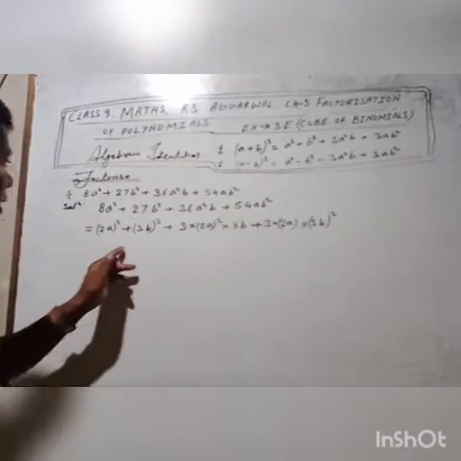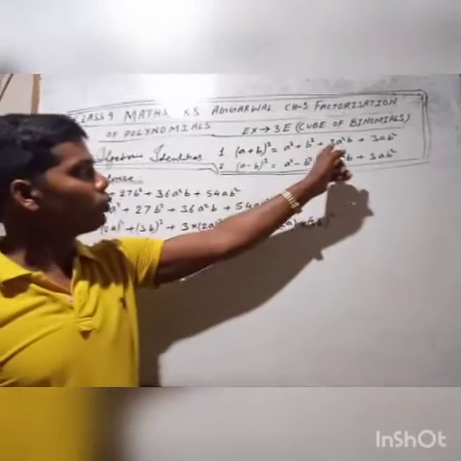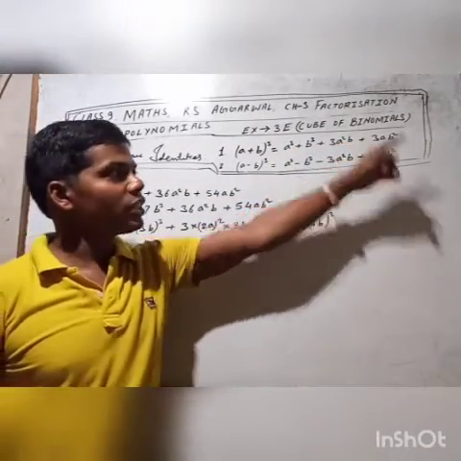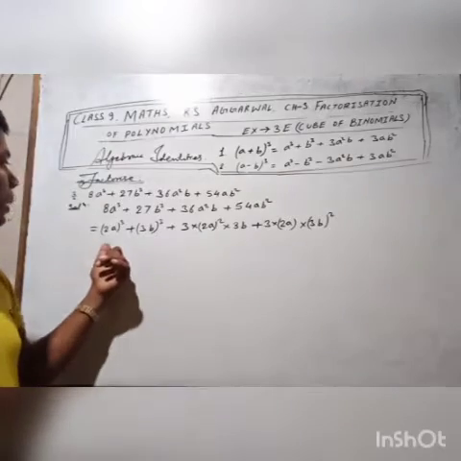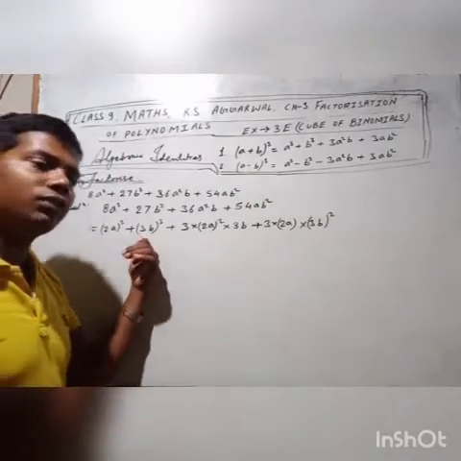So finally we get 54ab square. Now if you see it, it has been arranged in the form of a cube plus b cube plus 3a square b plus 3ab square, where in place of a we have 2a and in place of b we have 3b.